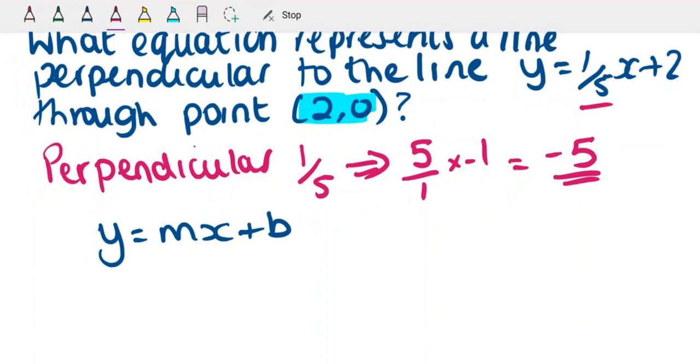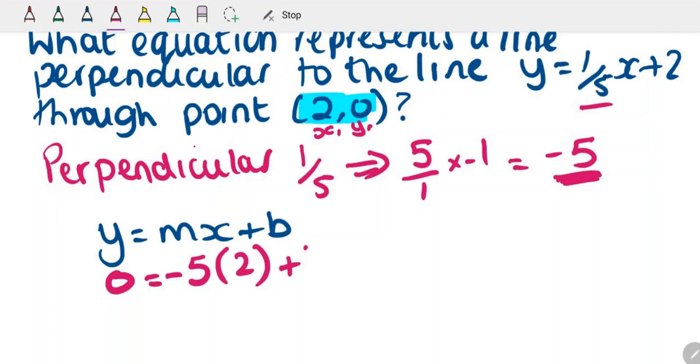So our y value is going to be 0. We know our m value is going to be -5. And the x value, we're going to change for 2. And we don't know the intercept b.